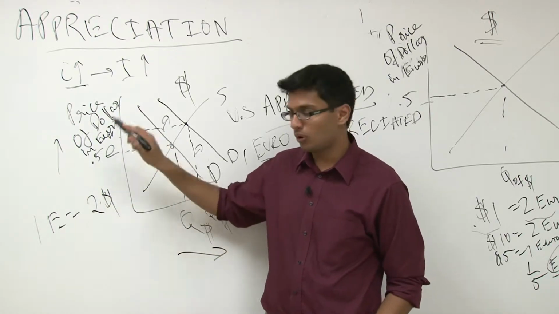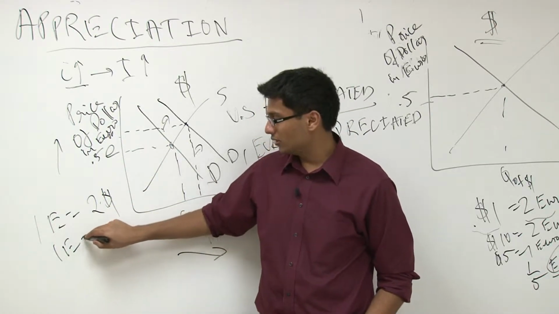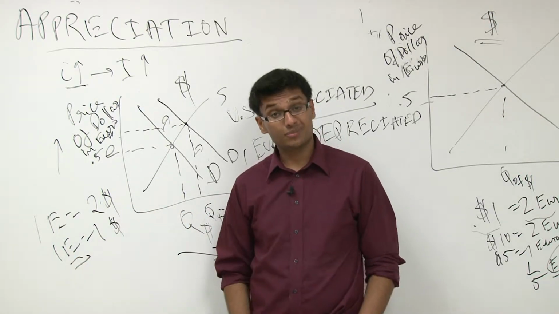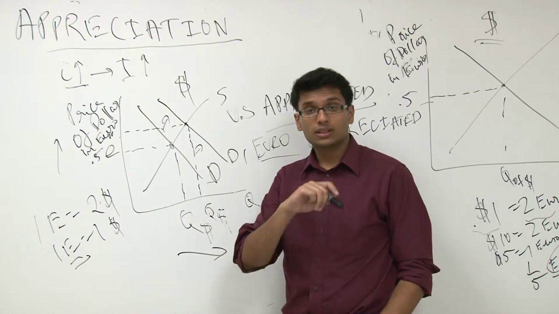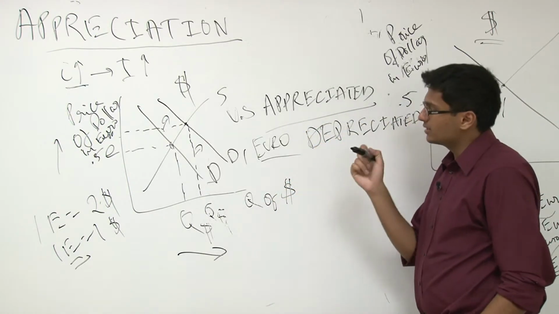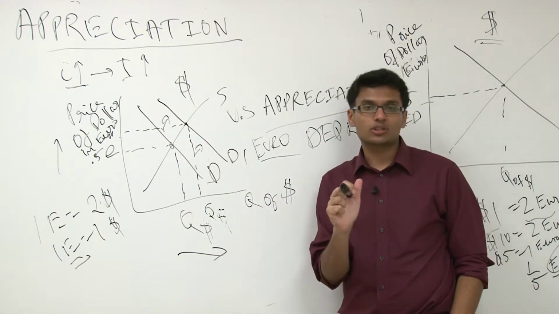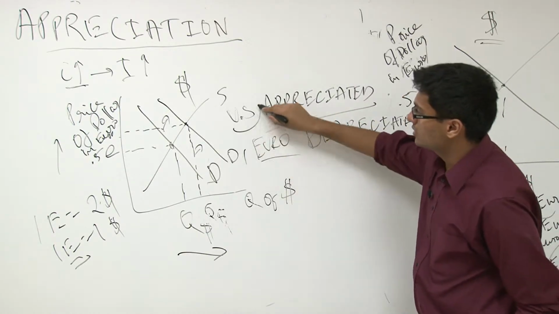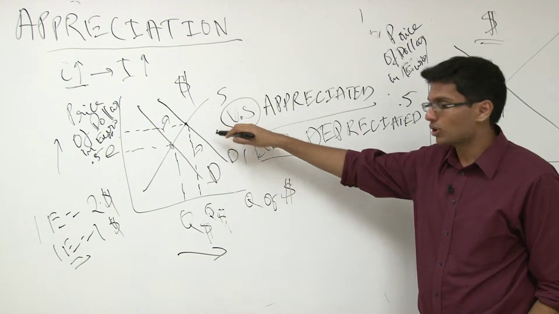All of a sudden, if it's at 1 euro to 1 dollar, the euro has actually relatively depreciated, right? It's lost its value. So when people ask you, has it appreciated, depreciated, always ask yourself which currency and where. Which currency and where. So the US dollar in this case, in the US market, has appreciated.